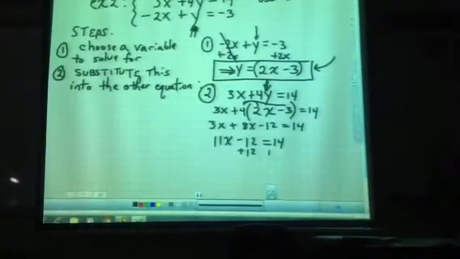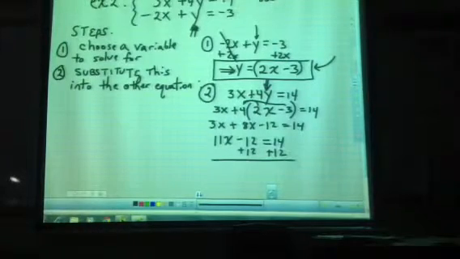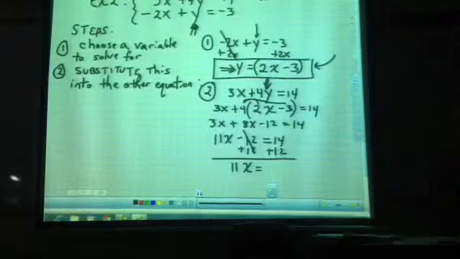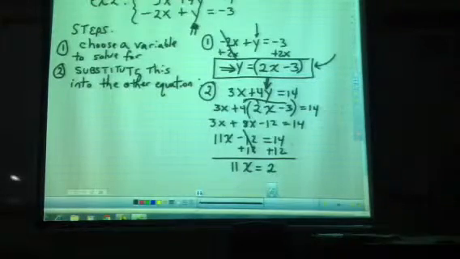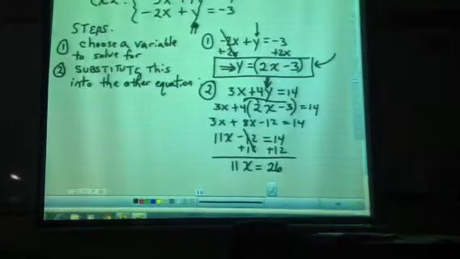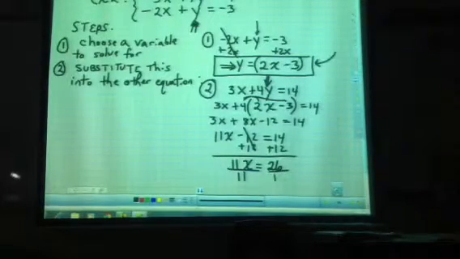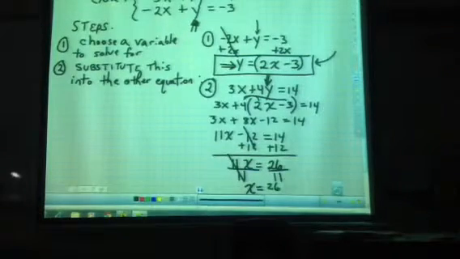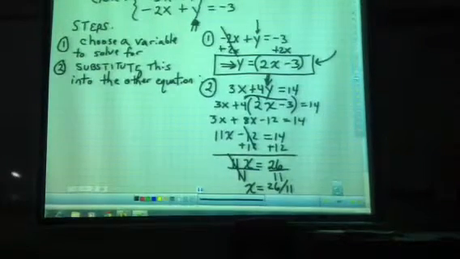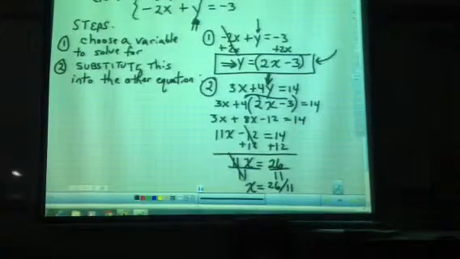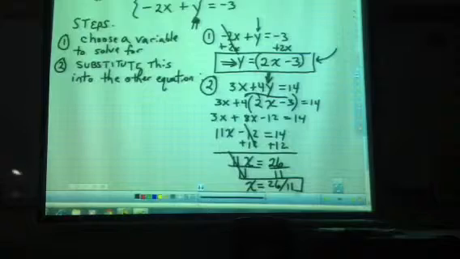Add 12 to both sides, plus 12. 11x equals 26. And divide by 11, divide by 11, and x equals 26 over 11. Now, me personally, I like to deal with fractions.